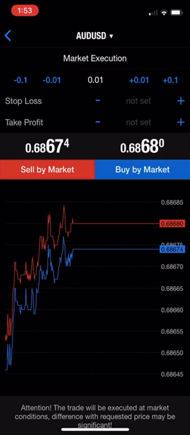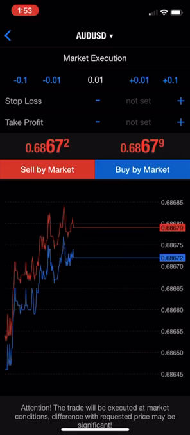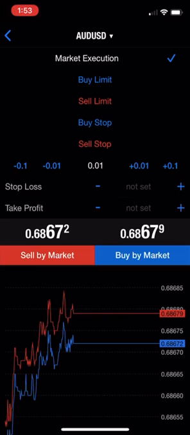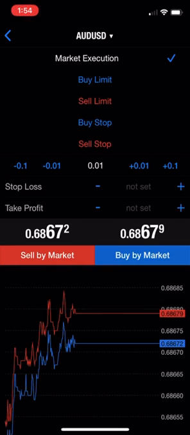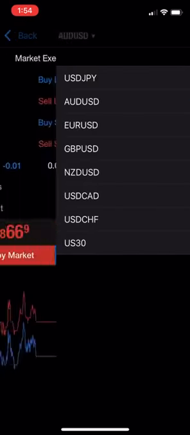Underneath it, if you click on market execution, it gives us 5 options to trade. We can do a market execution and come in right at the price the market's at, or a buy limit, sell limit, buy stop, or sell stop. Those will be in another training, but I just wanted to show you where those are.